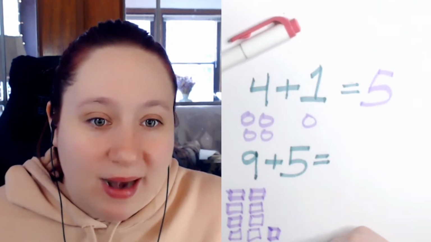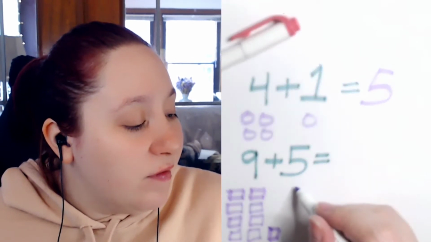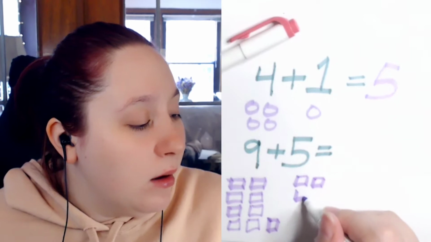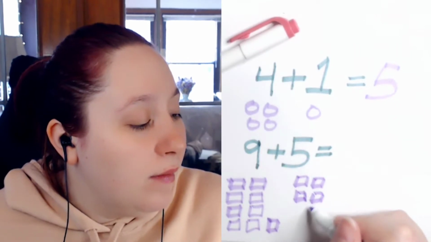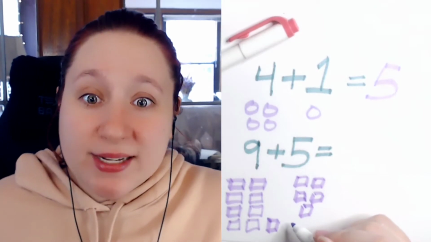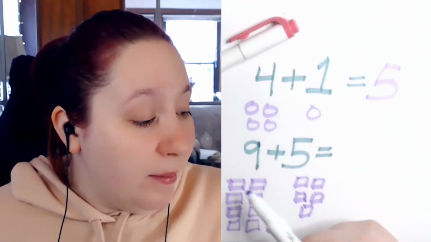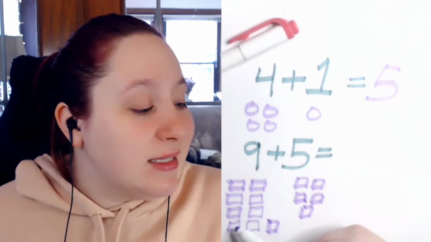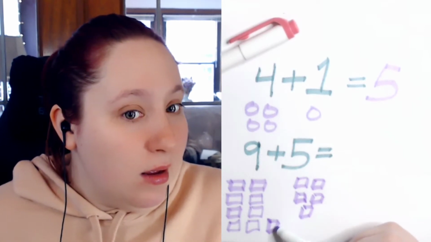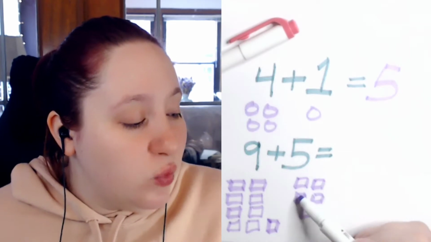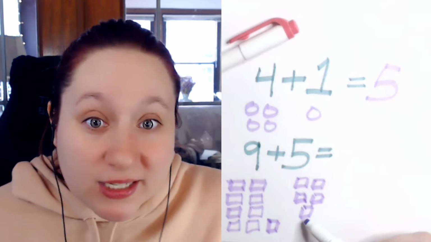We start with 9, and then we add 5. 1, 2, 3, 4, 5. So how many treasure chests does the dragon have now? Let's count them up. We know we have 9. 1, 2, 3, 4, 5, 6, 7, 8, 9. And then we have 5 more. 10, 11, 12, 13, 14.